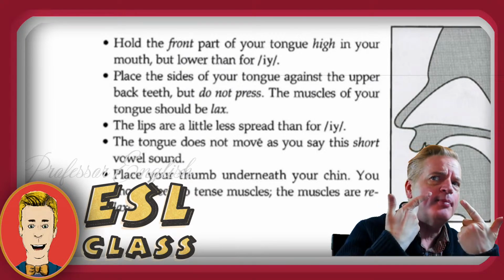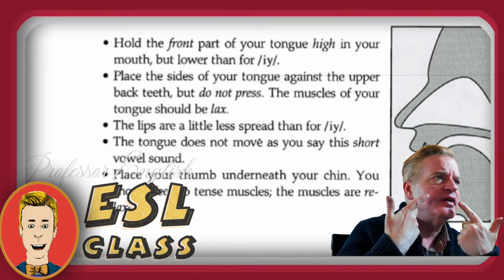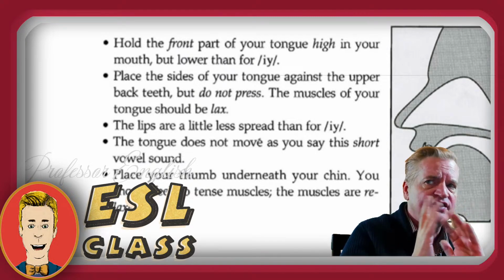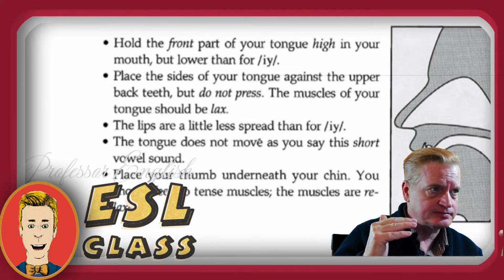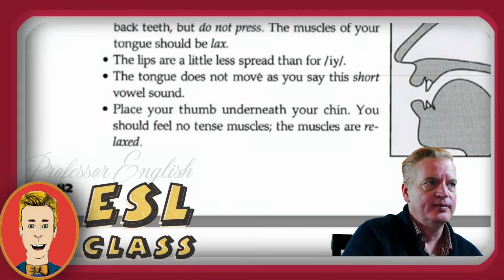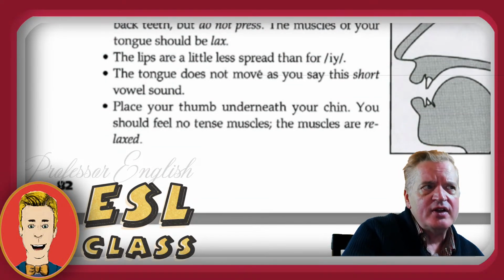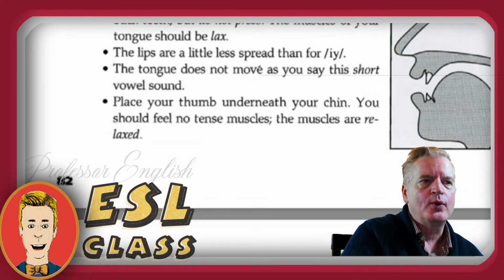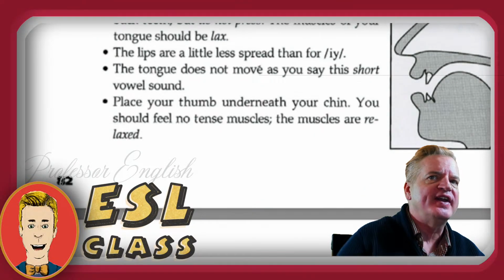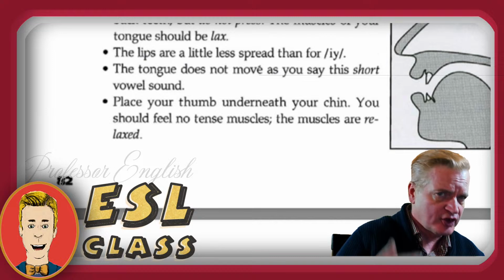So your tongue is up, but you're not using any force. It's just there. It's very relaxed. The muscles of your tongue should be relaxed. The lips are a little less spread than for E. So when you're saying E, your lips go very far back. But when you say I, your lips just go back a little bit.